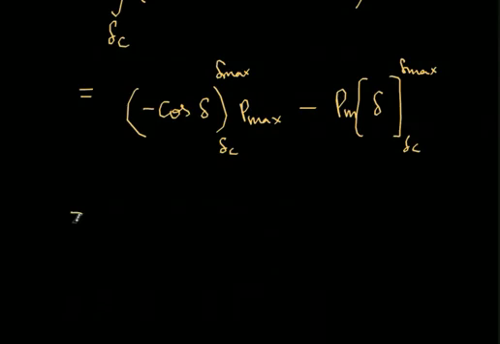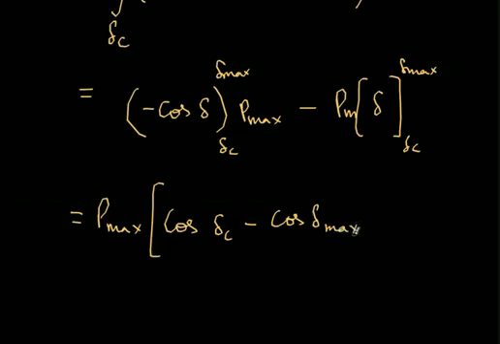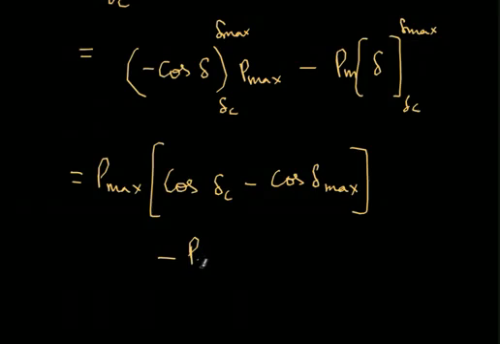Now if I substitute, Pmax multiplied by the higher limit minus the lower limit, but since the minus sign is there, it will be cos delta C minus cos delta max. This is just a basic substitution. So minus PM into delta max minus delta C.